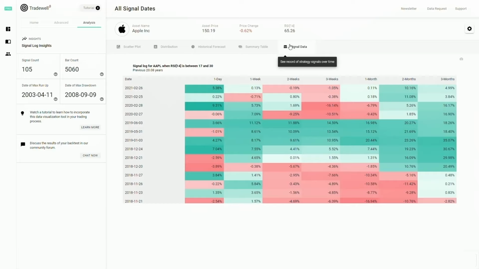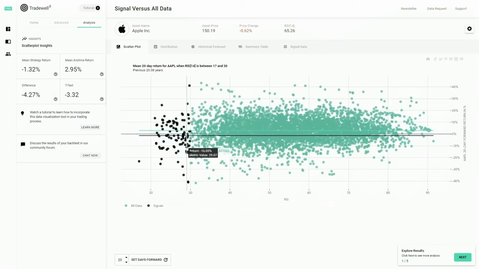And what about our original question? Is it a good idea to buy Apple on the dip? Well, Tradewell can't predict the future, but it can tell you this. Over the past 20 trading years, that trading strategy has been a pretty terrible bet.